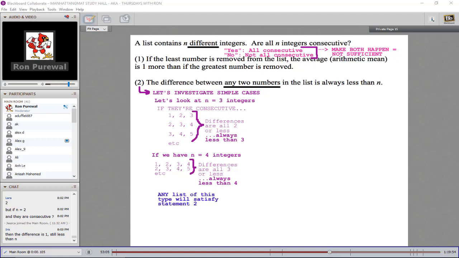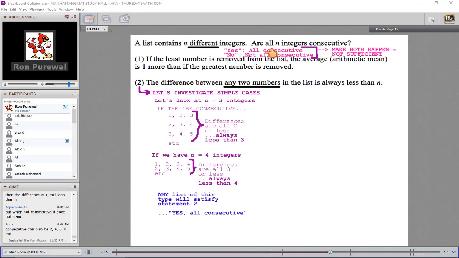all consecutive. So now what we need to try to find, we need to try to satisfy statement 2 with a list that is not all consecutive. Now, consecutive means consecutive. Those 2, 4, 6, 8 are not consecutive. Those are consecutive evens, but they're not consecutive integers.